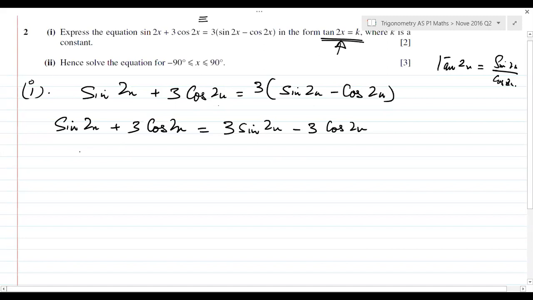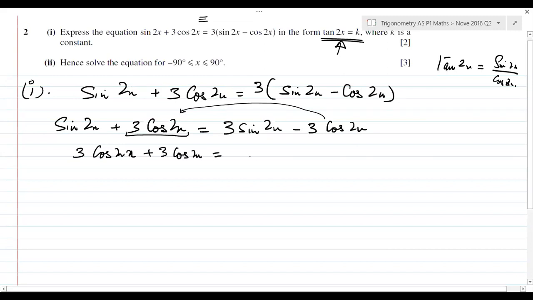So let's shift everything on one side. I should have everything as positive. So I am leaving the 3 sine 2x on this side, and I'm shifting the 3 cos 2x on this side too. So that's going to give me plus 3 cos 2x.